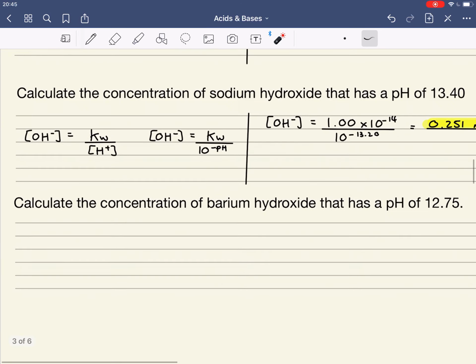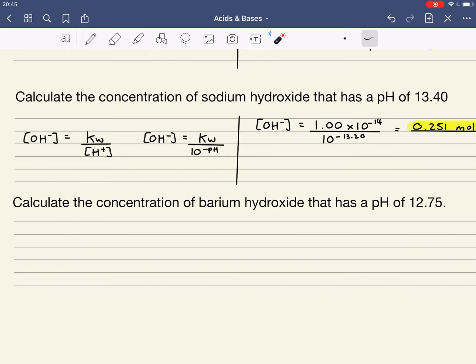And now I've been asked to calculate the concentration of a solution of barium hydroxide with a pH of 12.75. So again, I follow the same procedure as above. I'm going to do this equation here.